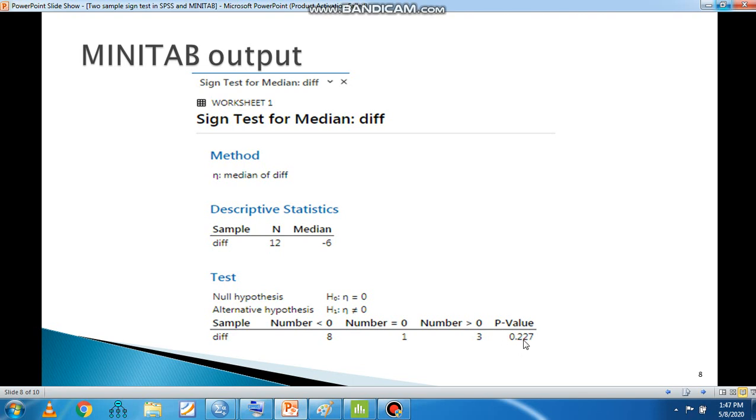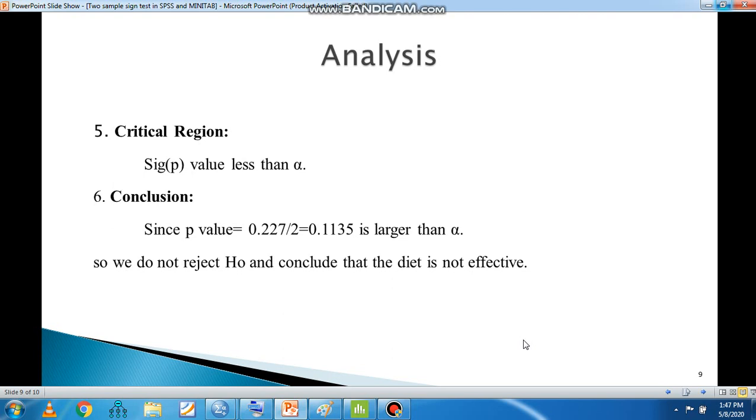Now we interpret this p-value. Our critical region is significant if the p-value is less than alpha. Conclusion: since we have a one-tail hypothesis, with alternative hypothesis p greater than 1 by 2, we divide this p-value by 2, which comes out to be 0.1135.